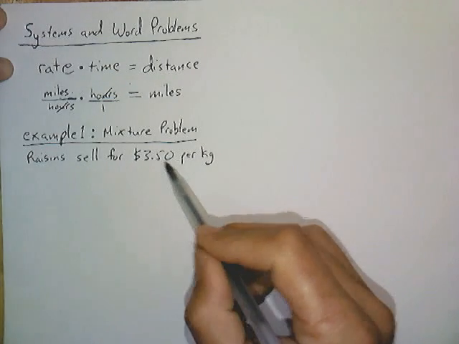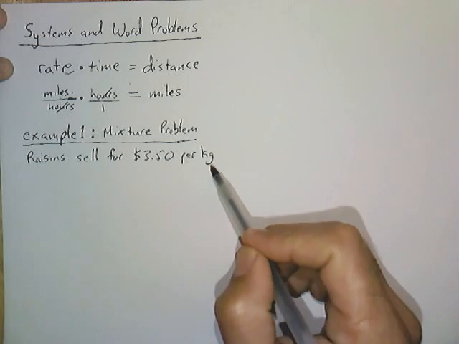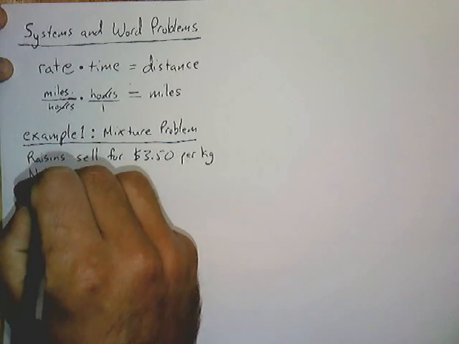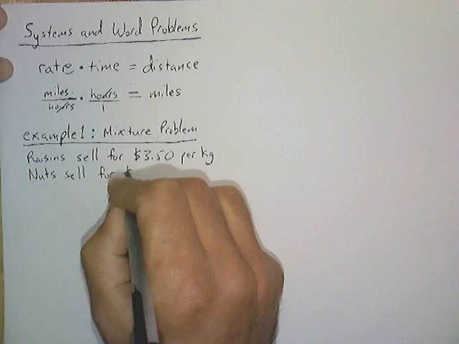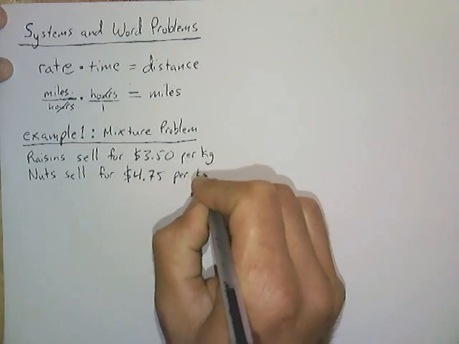That's a rate. Per means divided by, so we really have a number of dollars divided by a certain number of kilograms. And suppose nuts sell for perhaps $4.75 per kilogram.